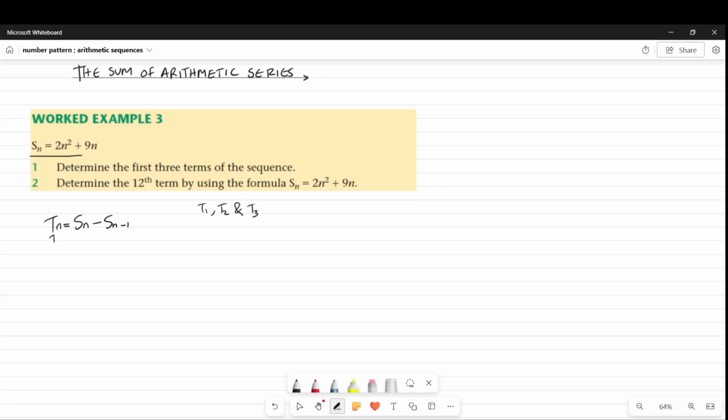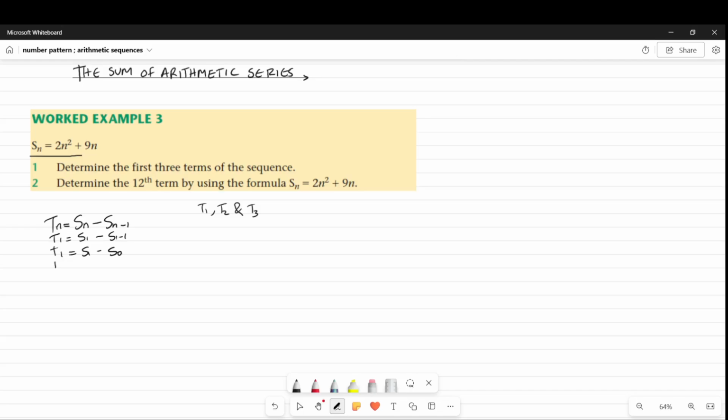Now you're going to say T1 will be equal to S1 minus S1 minus 1. So T1 is equal to S1 minus S0. Wherever there's n, you are going to substitute 1 and 0.